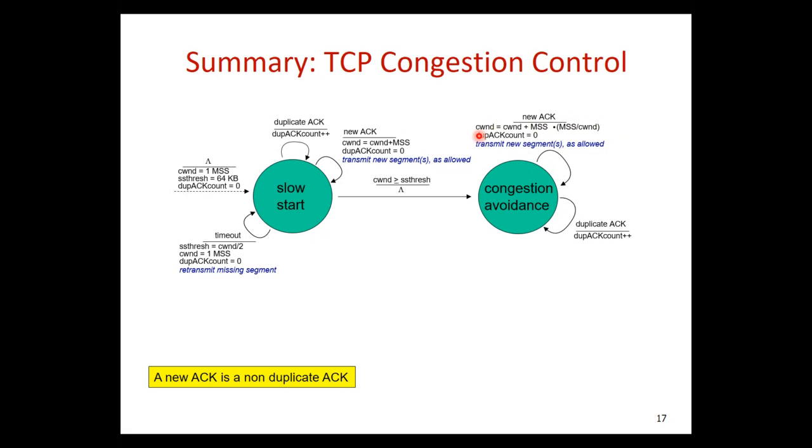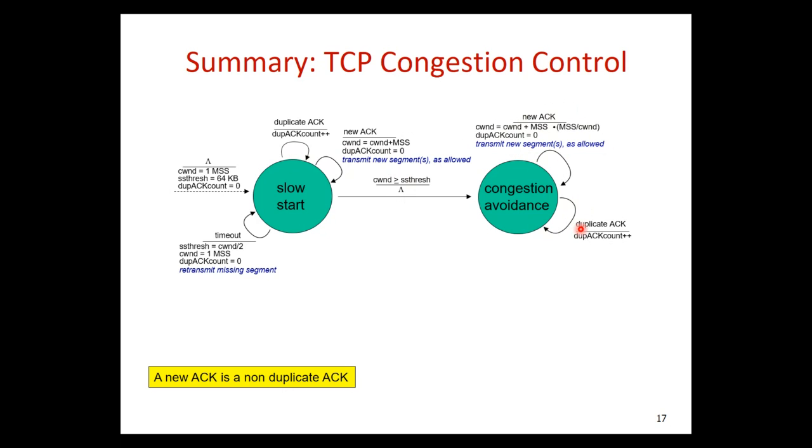This is a slower increase of CWND, which translates into the linear increase on the CWND curve. And then like before, if we have a new ACK, reset the duplicate ACK counter. Transmit new segments as allowed. So if the window allows, then transmit a new segment.